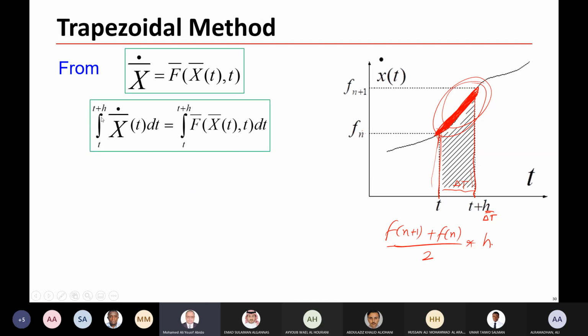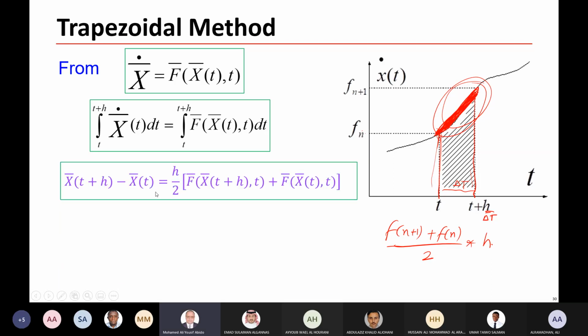So the integration from t to t plus h, or from t to t plus delta t, equal to h over 2 multiplied by the function at t and the function at t plus h.